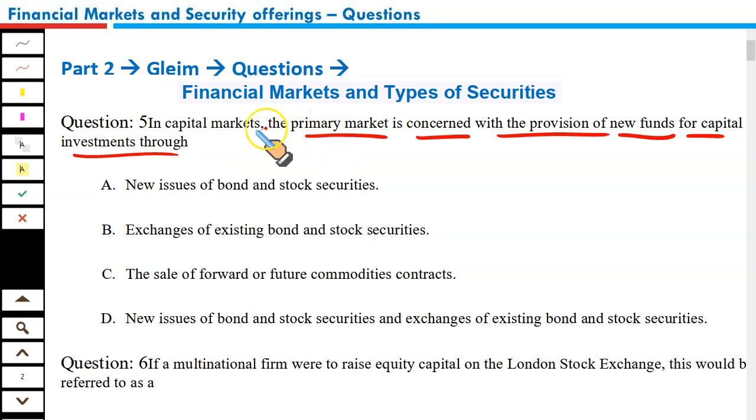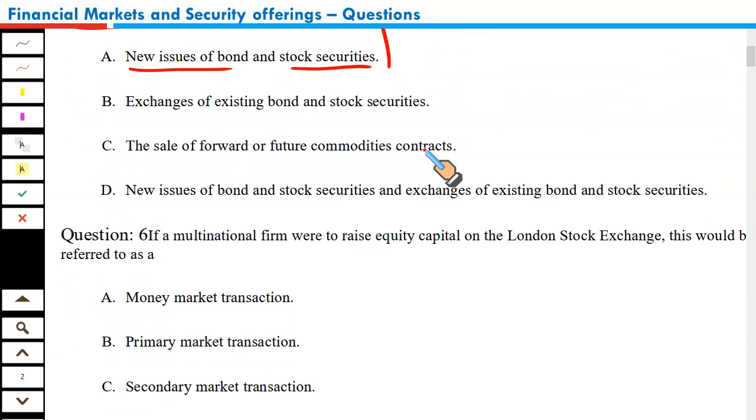Remember, the primary capital market is where the instruments come for the first time and they're issued in the initial public offering. So new issues of bonds and stocks come in the primary market. Once they are issued, then they are traded in what you call the secondary market. So look no further. New issues of bonds and stocks, that's what we trade in the primary market.